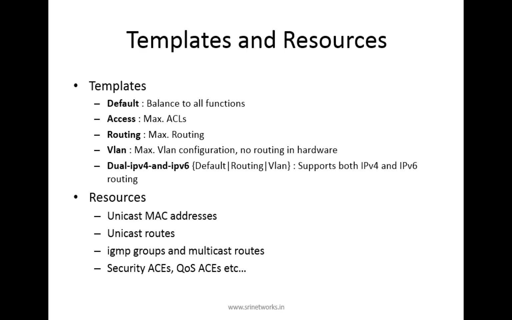It contains unicast MAC addresses, unicast routes, IGMP groups, multicast routes, security access control entries, QoS access control entries, etc. We can have a look at what exactly the switch has for each template, and how exactly it is categorizing and optimizing the resources, after this explanation.